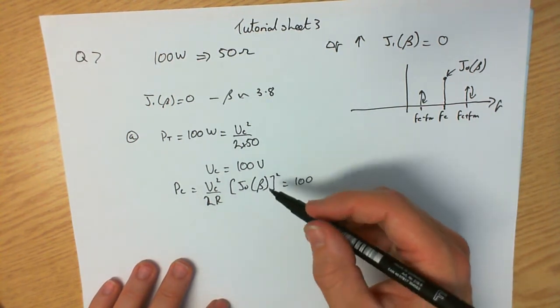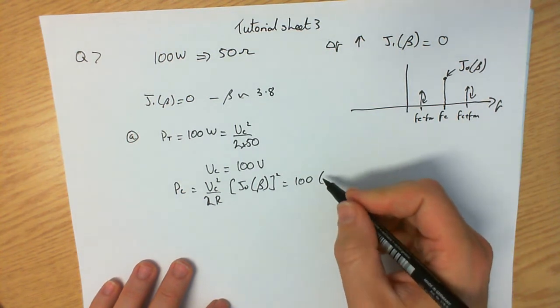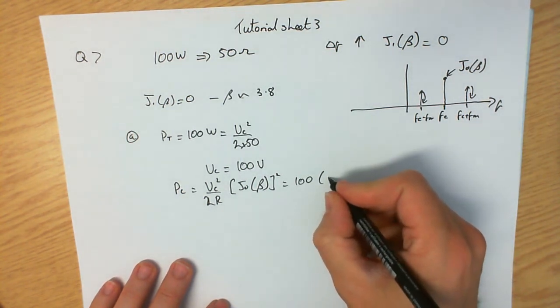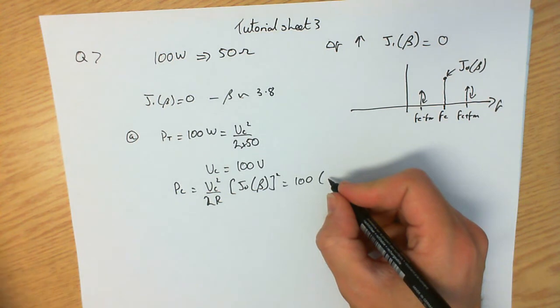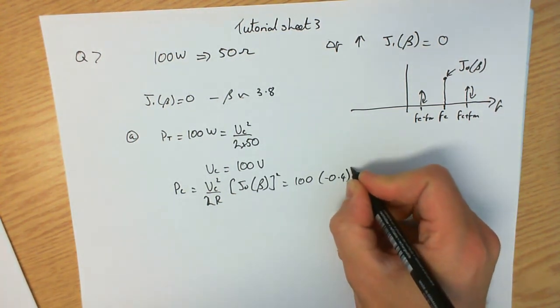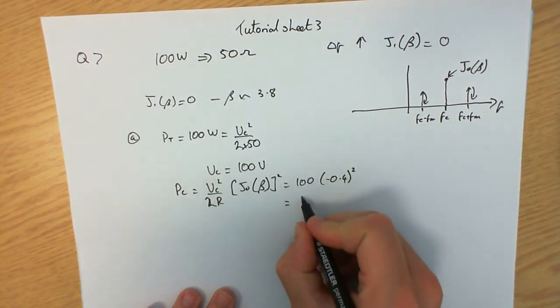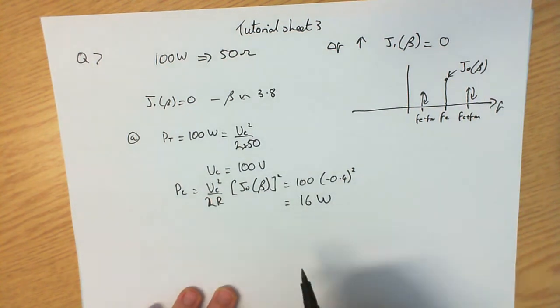If we look up J naught of beta in the table, it's roughly equal to minus 0.4. Obviously we're going to square that. So that's equal to approximately 16 watts.